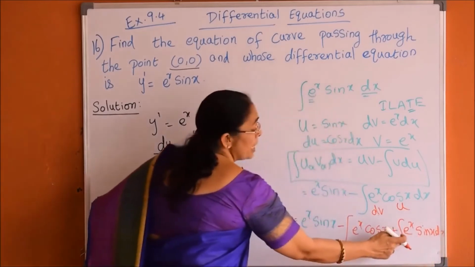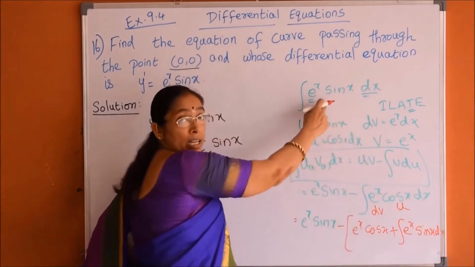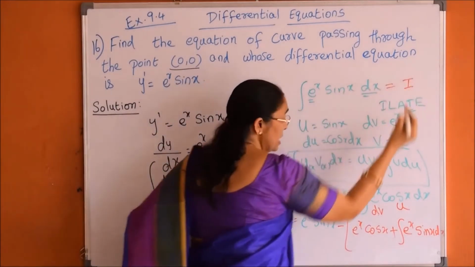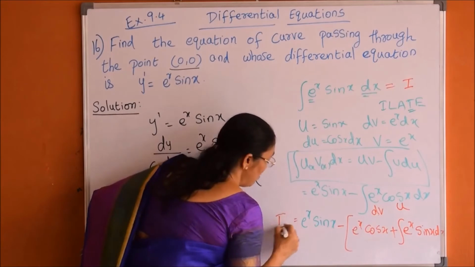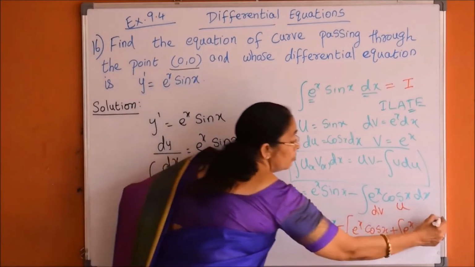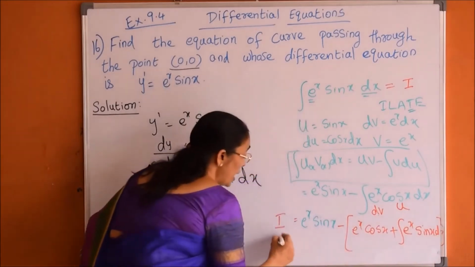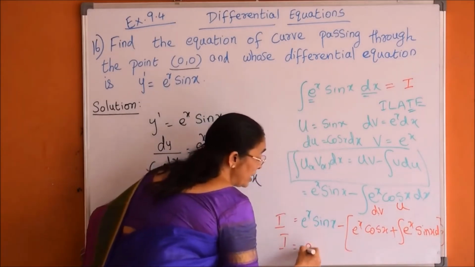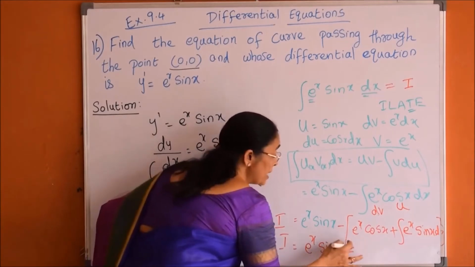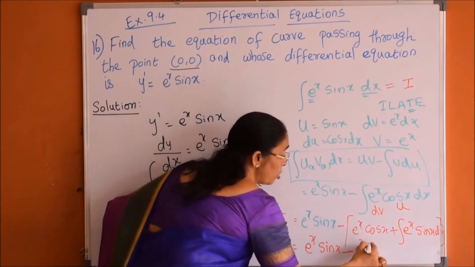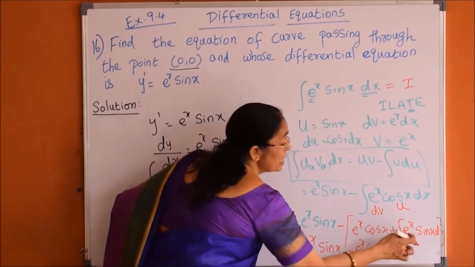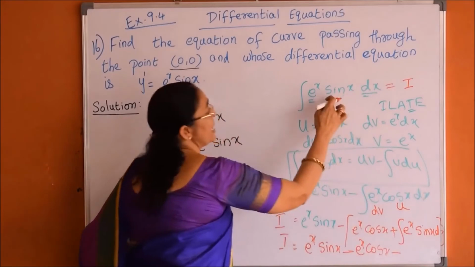Now this integral of e^x sin x dx is the given function itself. Suppose I consider the given function as I, my integration value is I equals the first term e^x sin x, minus the second term e^x cos x, and minus into plus, here minus integration of e^x sin x dx.